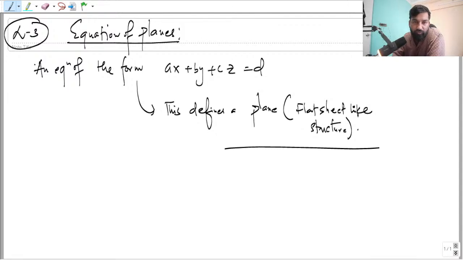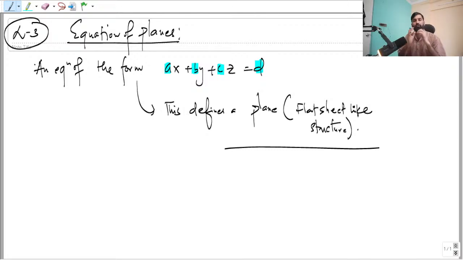So an equation of the form ax + by + cz = d is going to be the plane, where a, b, c, d are just numbers. The coefficient of x, the coefficient of y, the coefficient of z, and d are numbers. You must know that.